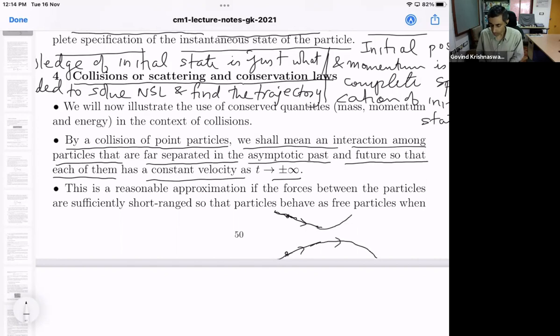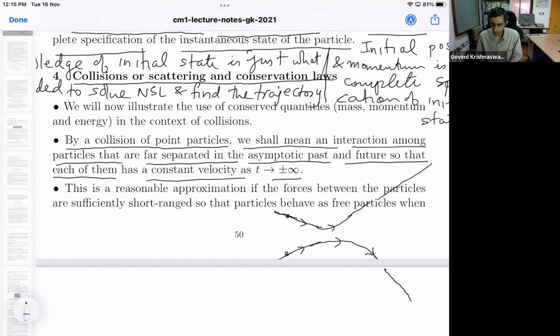So their trajectories will no longer be straight lines, get bent somehow or the other, but eventually find their ways away. And in the asymptotic future, they again follow straight line trajectories. Okay, so this is an example of a collision or scattering of 2 particles.